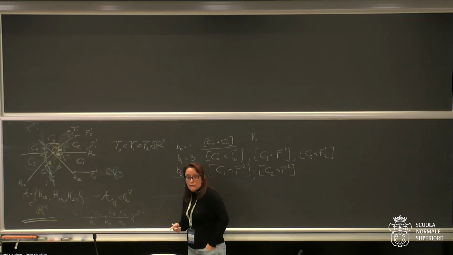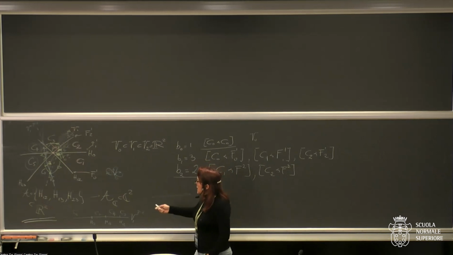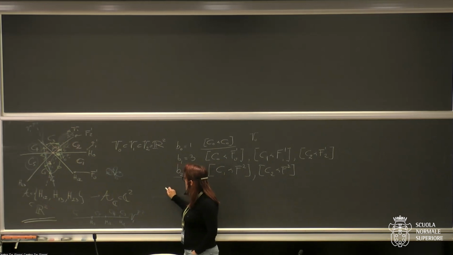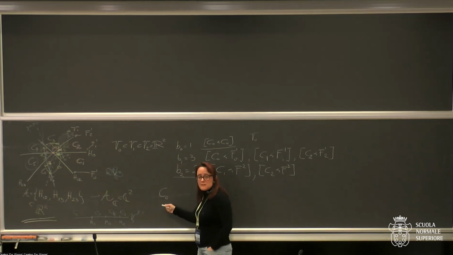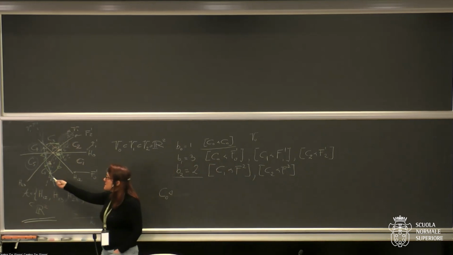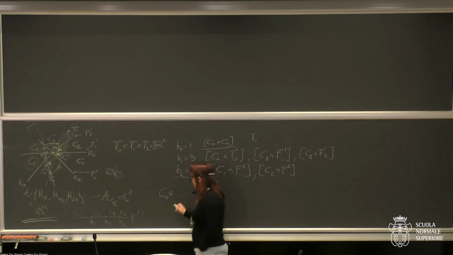So the Morse order that could be of interest for you, how do we get it? We fix V0. V0 tells us that C0 is the smallest one. What is immediately after C0? We move V0 inside V1, so we intersect F10.